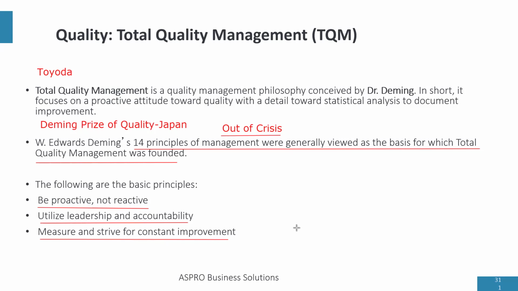And so Dr. Deming also left us with something called the Deming cycle for quality improvement. And this is what it looks like.